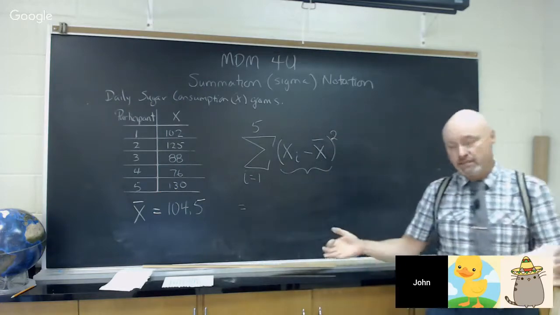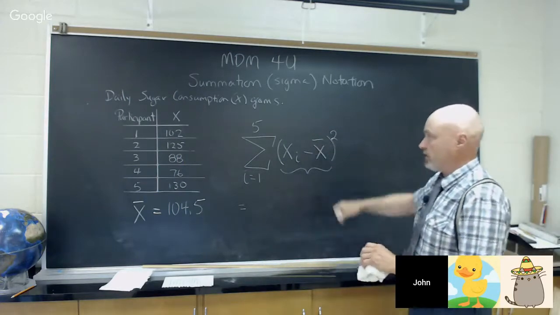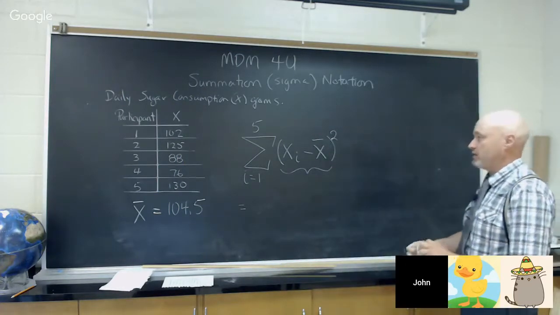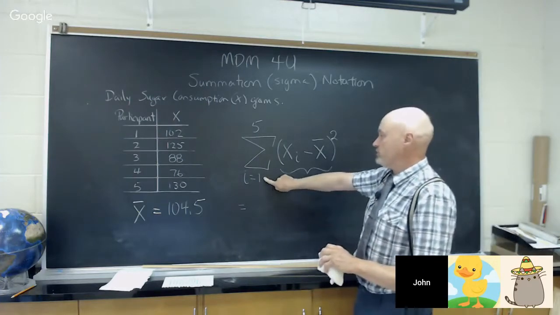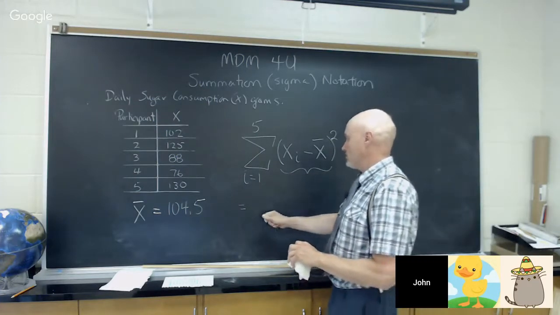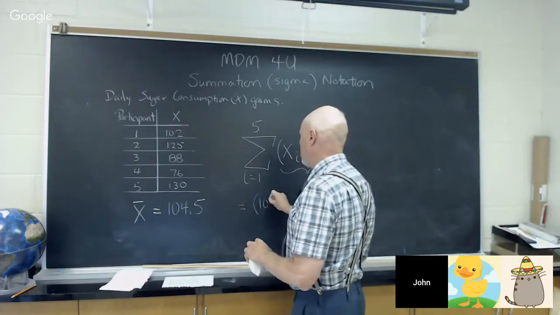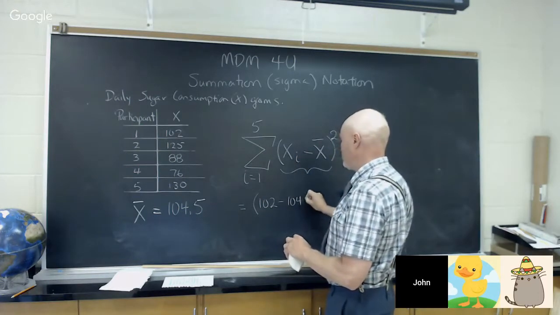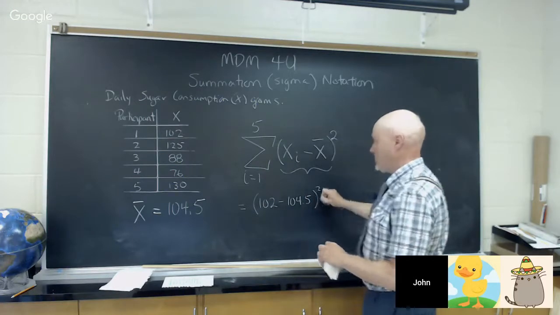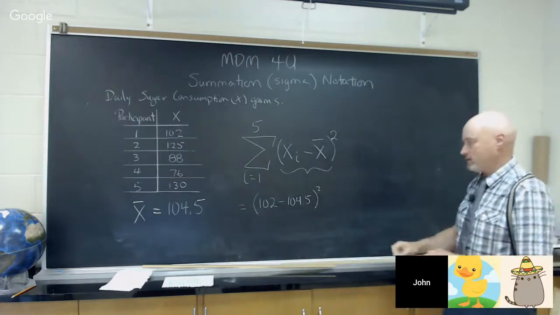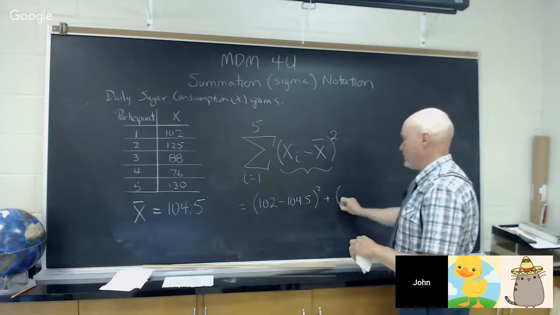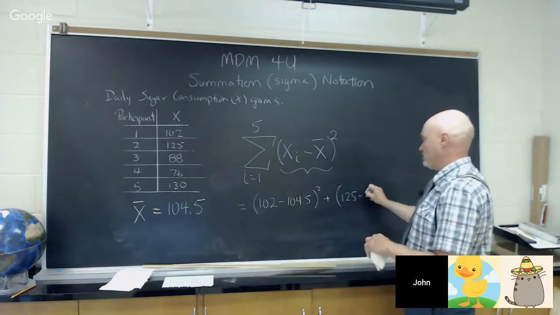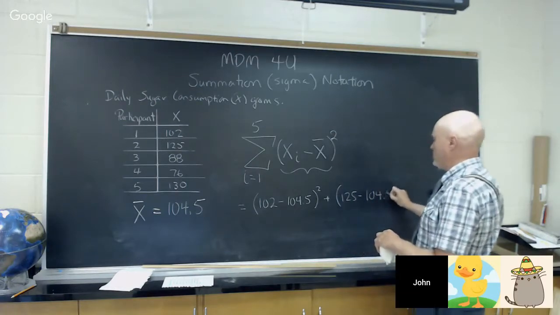So I'm going to write this out in long form just so it's fairly clear exactly what's happening here. I'm going to start at the first observation, so i is equal to 1. So I'm going to do 102 minus 104.5, and I'm going to square that. Now I'm going to do it with every single observation.